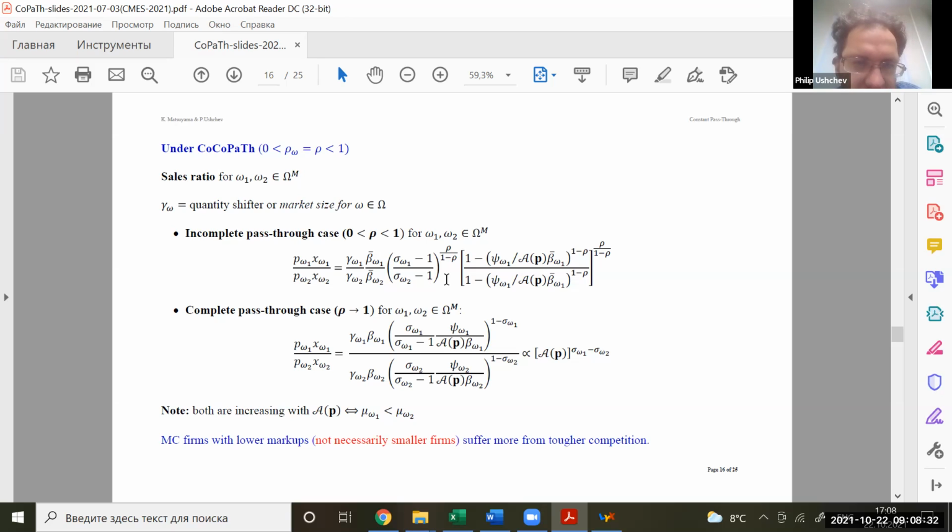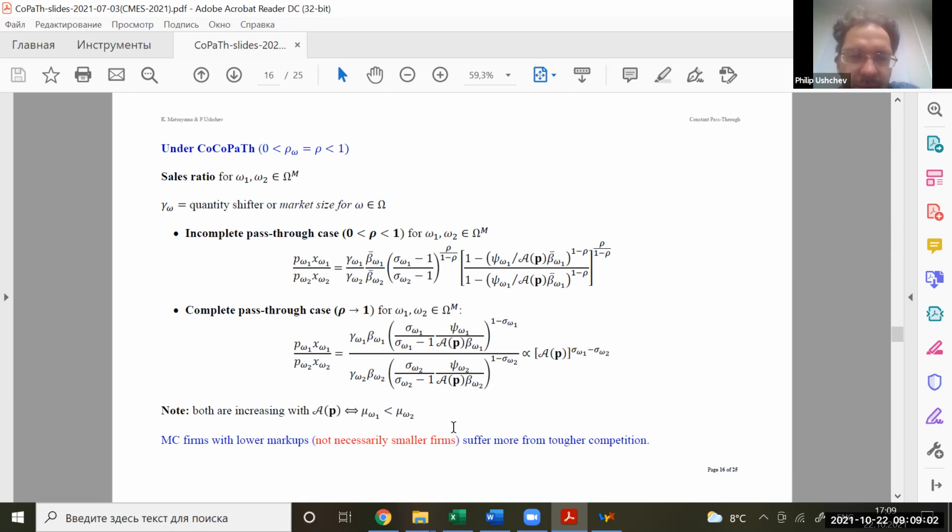So we can find that firms with lower markups, which are not necessarily smaller firms, because it's not just Melitz-like heterogeneity but other types of heterogeneity, suffer more from tougher competition.